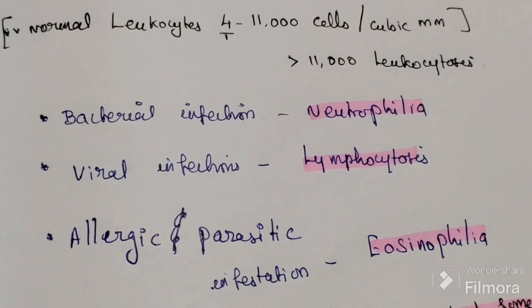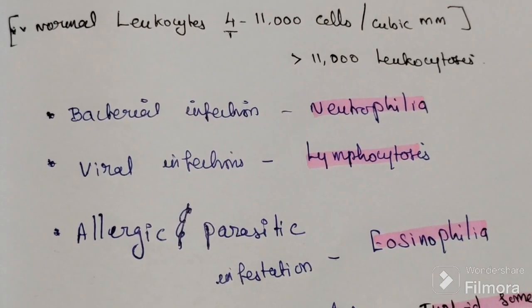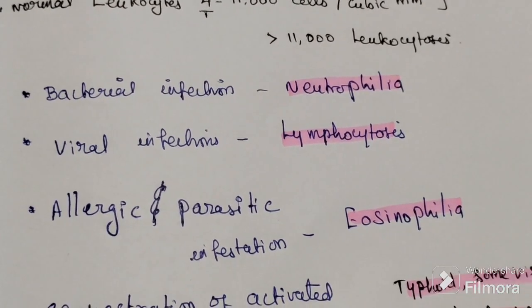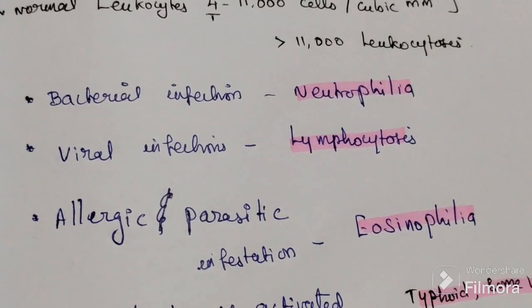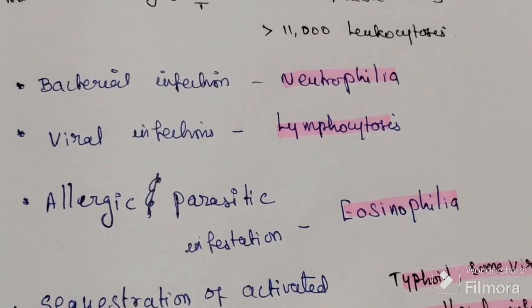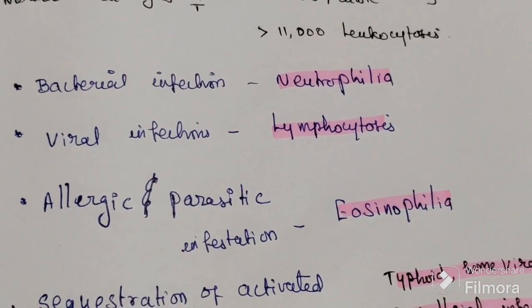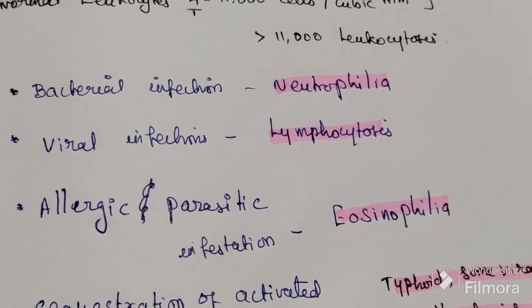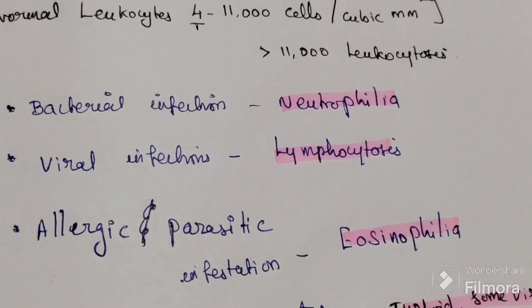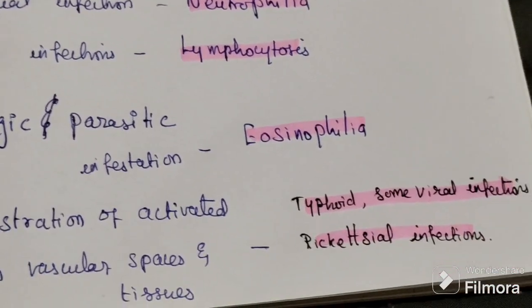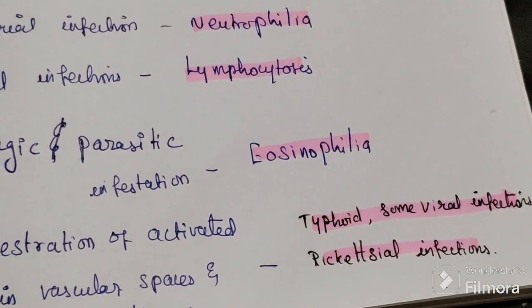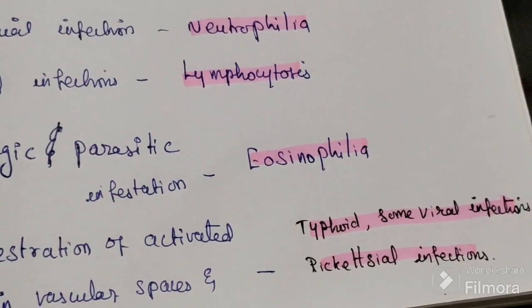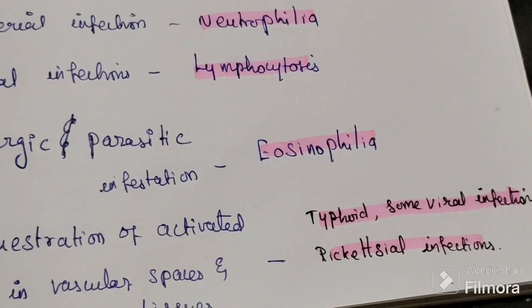That is an increased lymphocyte count. Eosinophilia is seen most commonly in allergic conditions and parasitic infestation. Some infections like typhoid, a few viral infections, rickettsial infections, some protozoan infections.